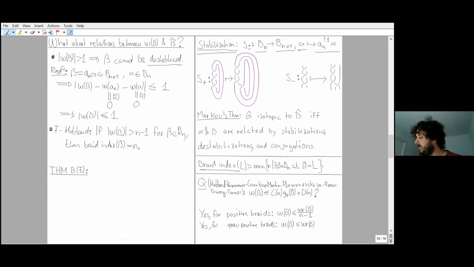The braid index, it turns out every link is the closure of at least one braid, but there are many. So you can define a quantity, the smallest number of strands you need. By definition, it's the smallest n such that there exists a braid in the n-strand braid group such that its closure is your link. That's the definition of the braid index.